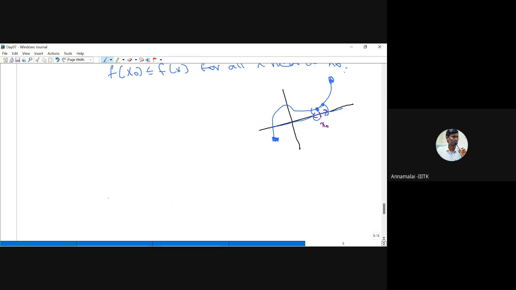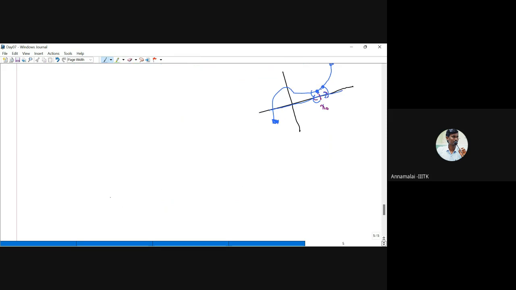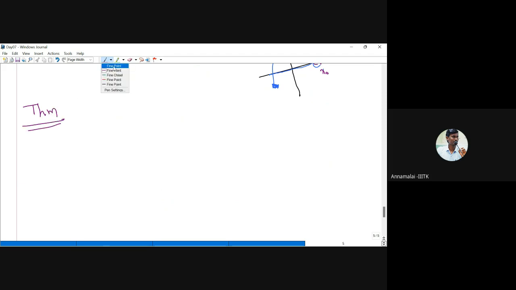Now, there is a theorem. Suppose a function has either a local maximum or a local minimum at a point P, then all the partial derivatives are 0 at the point P. It's a very important theorem. Suppose f is a function of n variables.